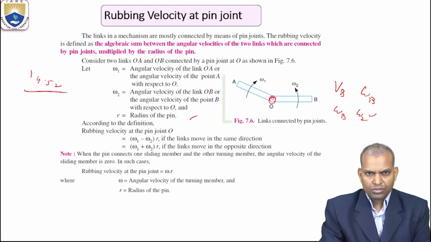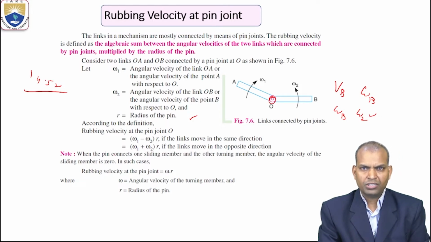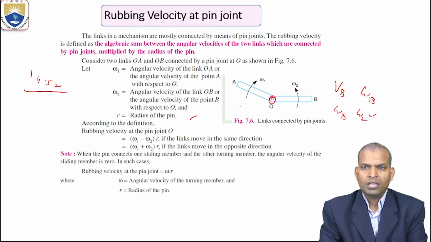So according to the definition, the rubbing velocity at the pin joint O equals omega 1 minus omega 2 times the radius of the pin R, provided the links move in the same direction.